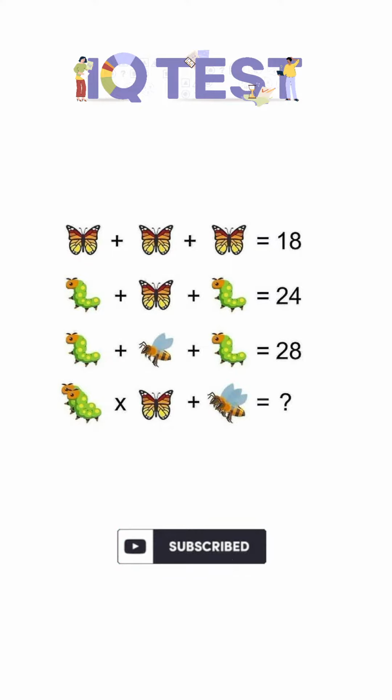So if the bee is 10, 2 times the larvae, so we'll have 2 into brackets the larvae, which is 9, then multiplied by the butterfly, which is 6, then plus 2 times the honeybee, which is 10. You can input this into your calculator if you like.